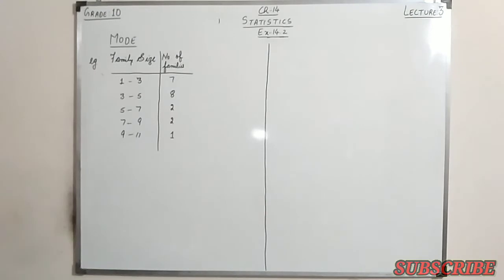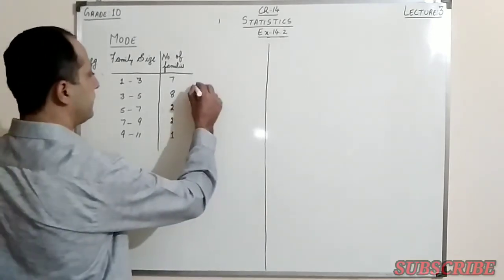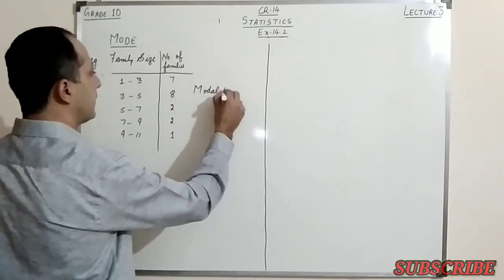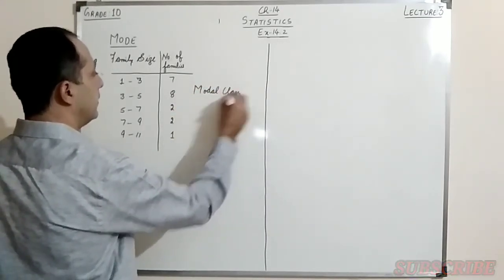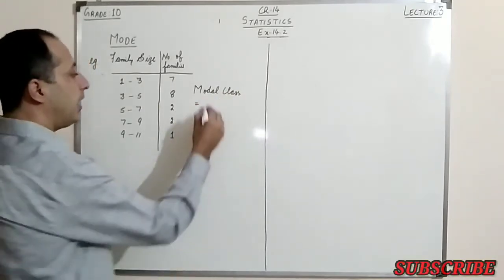Now the first step to find the mode is to find the modal class. The modal class is quite simple: it is the class with the highest frequency.